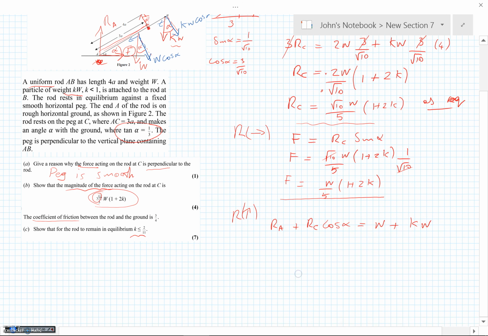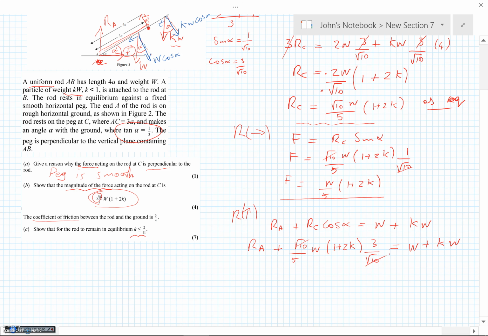Okay, now let's put this in here. RA plus RC, which we know from above is square root of 10 over 5 W, 1 plus 2K, times cos alpha, which we've also got written above, 3 over square root of 10, is equal to W plus KW. Again, the square root of 10 is cancelling.